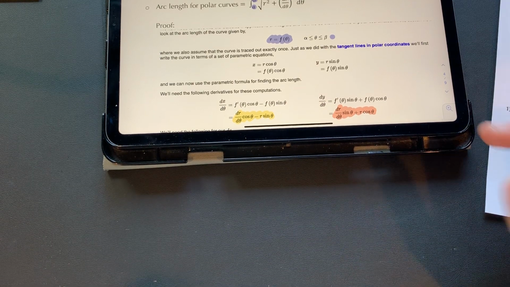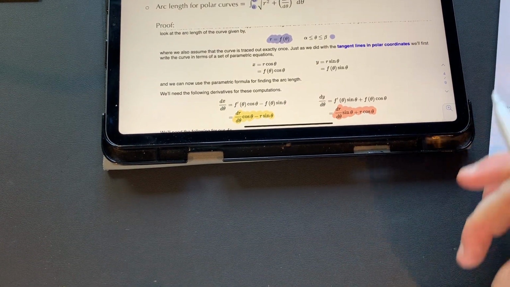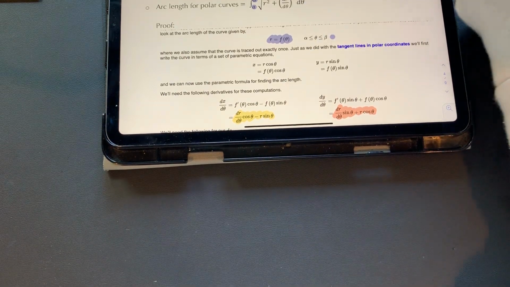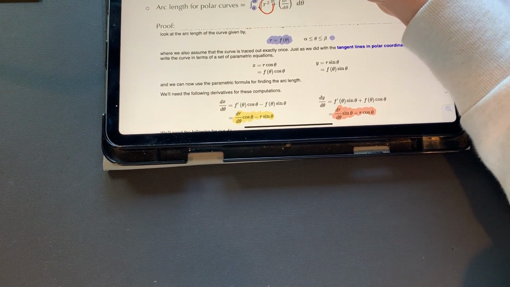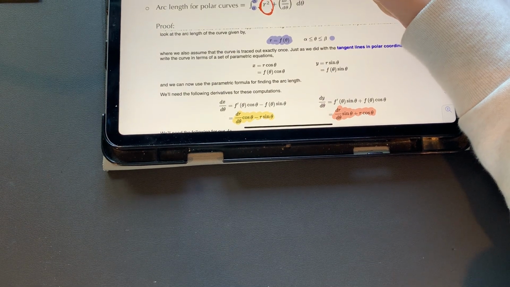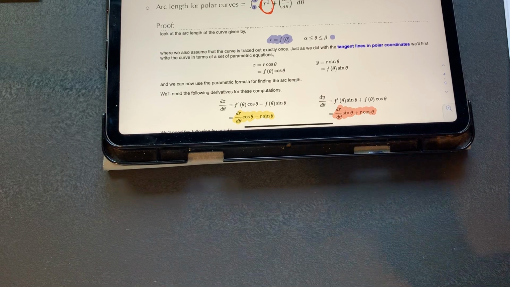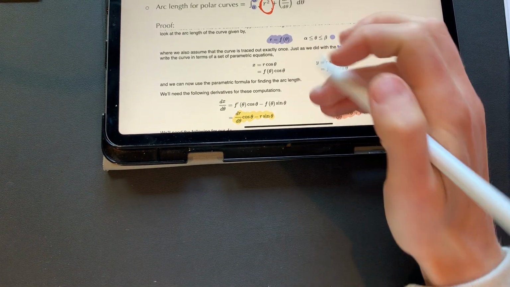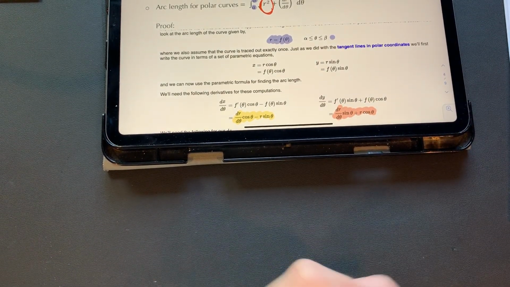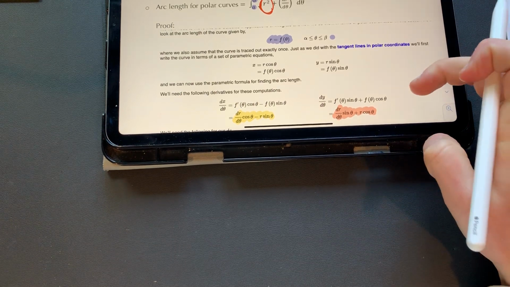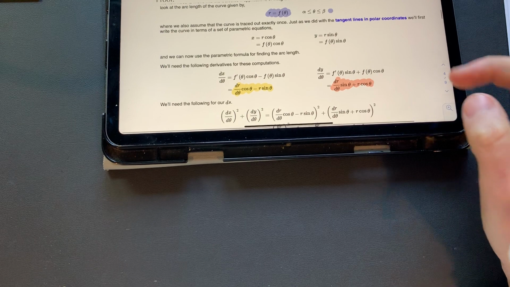And we are going to do a little bit of manipulation. So when we go back to the original equation for arc length, we have this r squared. And we know that r squared is equal to x squared plus y squared. So what we're going to do is say, I wonder what dx d theta squared plus dy d theta squared is going to equal. So we'll do a little bit of manipulation.